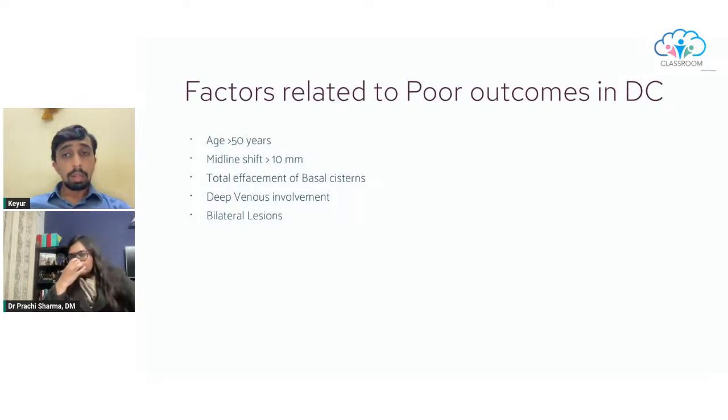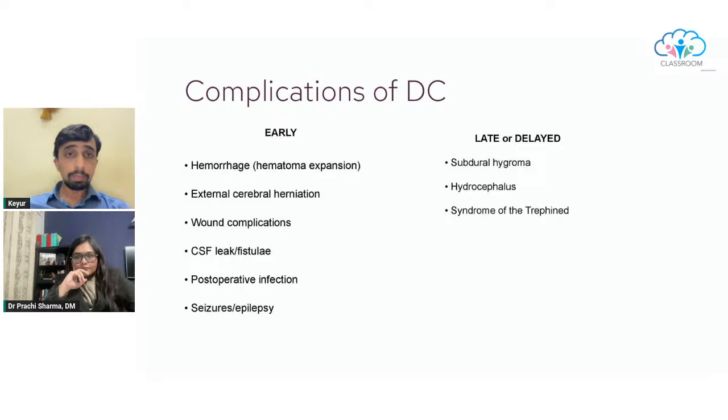So decompressive craniectomy has no role in a fall in sensorium due to deep venous involvement, and predominantly bilateral lesions, like I described earlier, when we go ahead with the bilateral frontoparietal hemorrhagic infarct with central herniation. These patients have poor outcomes after decompressive craniectomy as well.